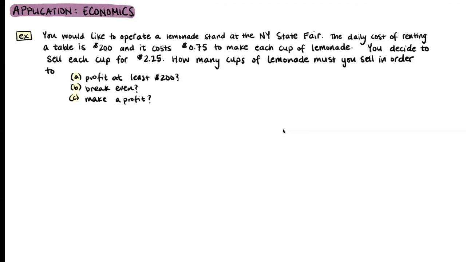In this case, we have $200 and 75 cents. Those are costs that go with you as the operator of the lemonade stand. You have to pay these things. Then the $2.25 is the customer's price. That's what they're paying. So be really careful when you're reading these to recognize which party these dollar values go to.